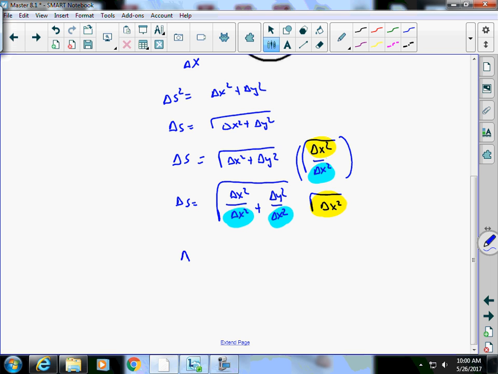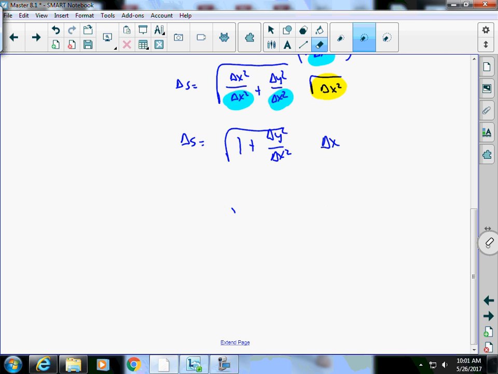Now I can look at delta s is equal to, well, delta x squared over delta x squared. When the same thing's over each other, it's 1 plus delta y squared over delta x squared. And what's interesting is that the square root of delta x squared just is delta x. And then I could also say that delta s is equal to 1 plus, well, that's just dy dx quantity squared.